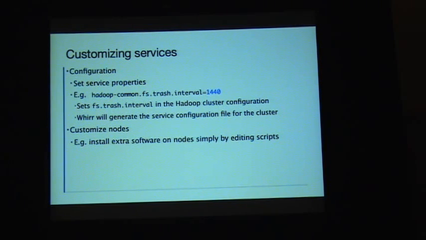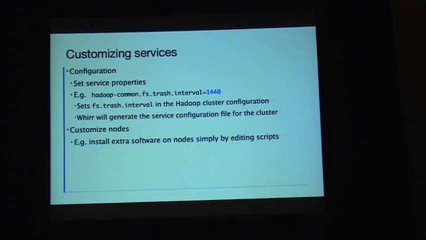And then after that, you have the regular Hadoop configuration name. And the Hadoop service in Whirr understands that, and will generate the correct configuration for the cluster from that configuration option that you pass to it. So this allows you to completely customize the service that you're running using just the regular properties that it exposes.